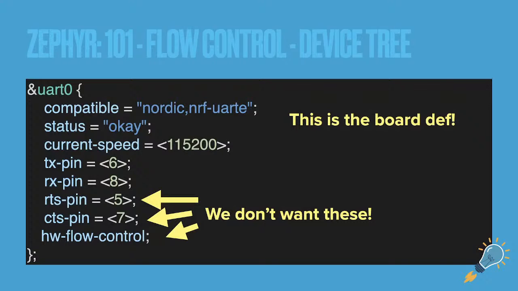So this is the overlay from the nRF52832 DK in Zephyr, which is on the main tree there. And you can see it has the RTS pin, CTS pin. Actually, I modified this to add the hardware flow control, just to show you, okay, this is turned on by default. This is no good.